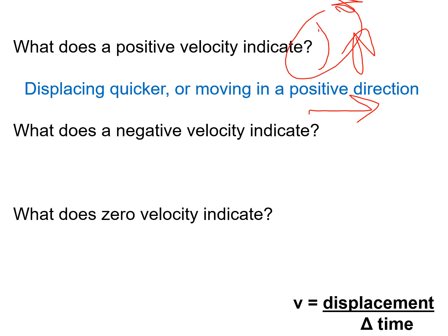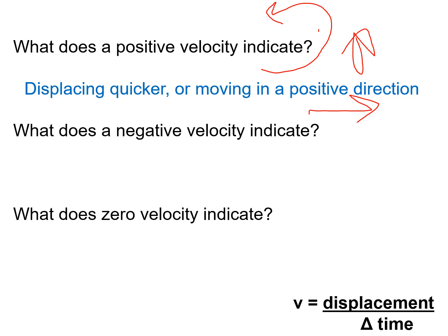counterclockwise motion is usually positive. There's really no great reason for that, but we say that it is just so we can have, once again, a common agreement that these are positive directions, so that we can just say up and to the right is a positive direction.